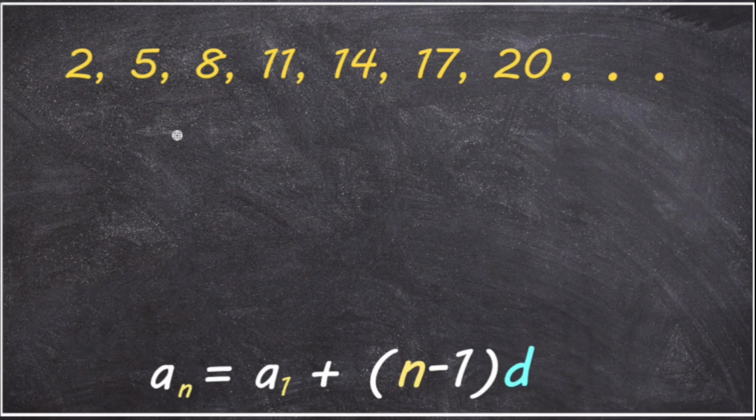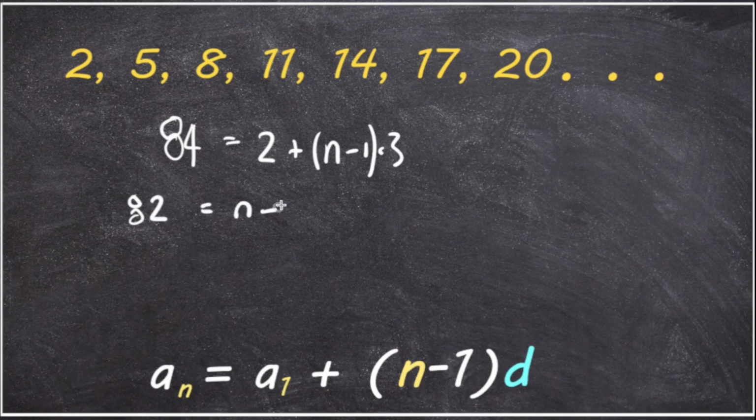So in our equation, a sub n equals 84, so we can write 84 equals a1, well, a1 equals 2, plus (n minus 1)d, where d equals 3. We can subtract 2 from both sides. That will give us 82 equals (n minus 1) times 3.